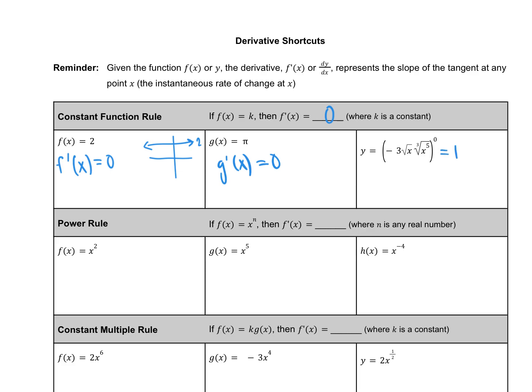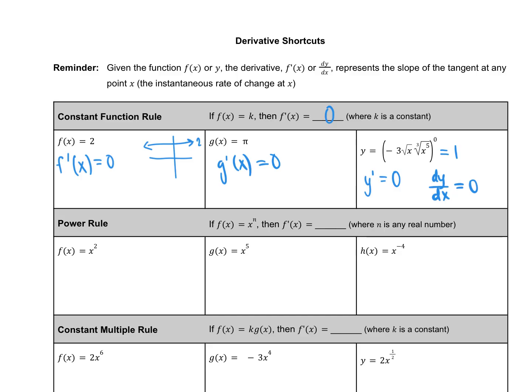So this function is actually just a horizontal line going through 1, which means the derivative, y prime, is 0. Now we can write this derivative as y prime, or we could write it as dy/dx equals 0. So that's just saying I'm taking the derivative of y in terms of x, and that derivative is 0.